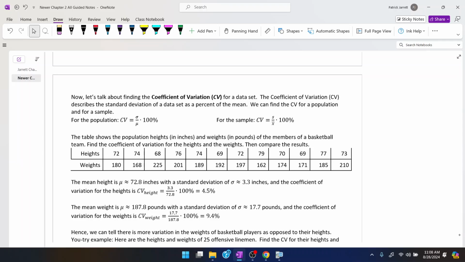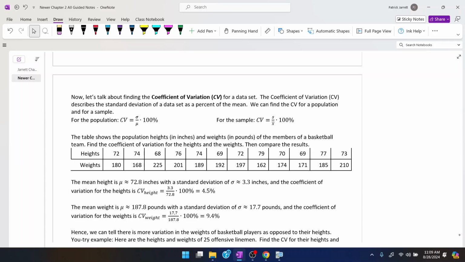Which thing in the calculator enables you to get mean and standard deviation lickety-split? 1-Var Stats, very good. That's going to be one of your best friends in this class. Basically, all this data was entered, and it was found that the mean was 72.8 and standard deviation was 3.3. 1-Var Stats was done for you.